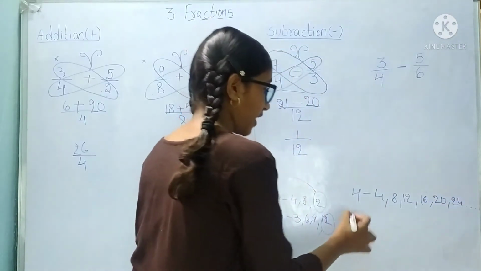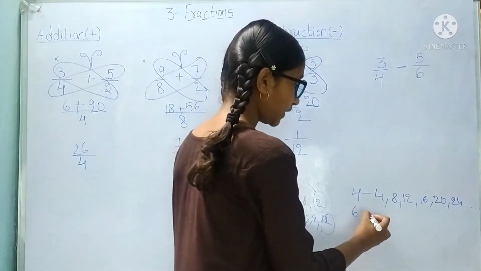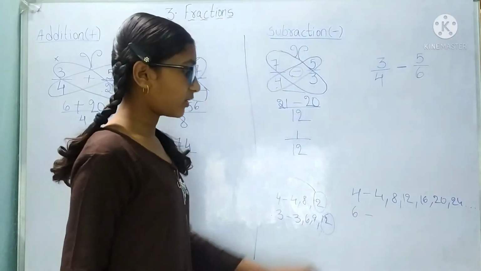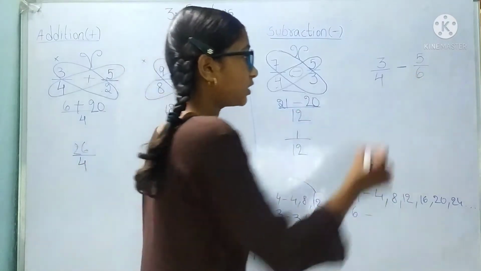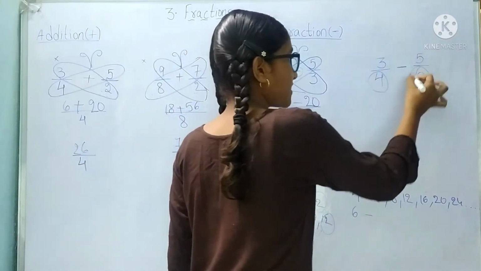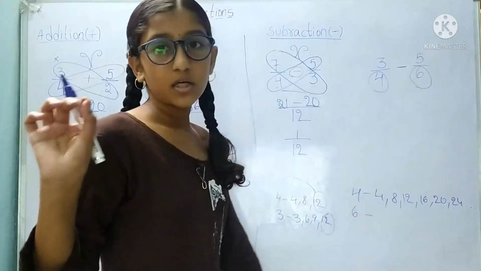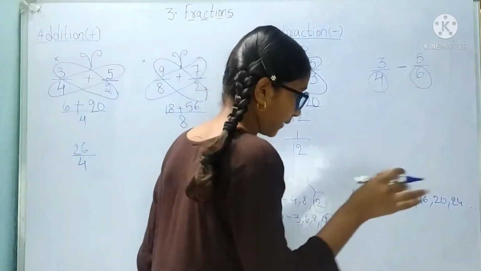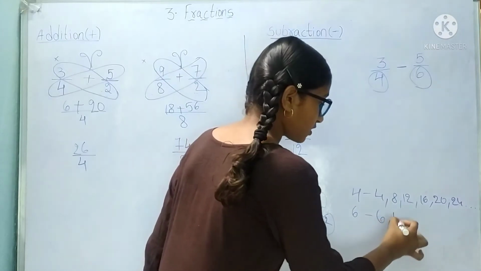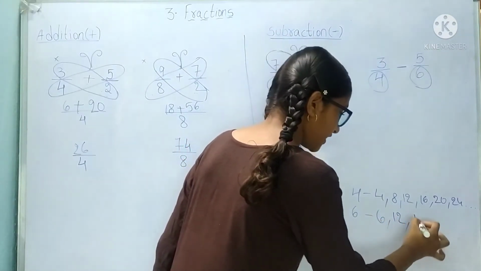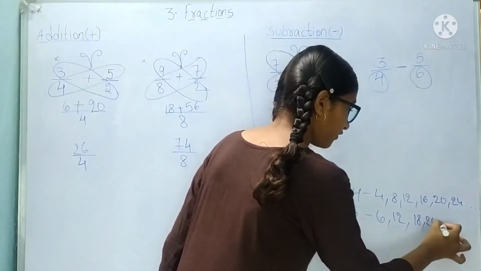And for 6 I am writing here. For 6 we have to write the multiples. For the 2 denominators we write the multiples, and we have to see the common multiple in the 2 tables. So 6, 12, 18, 24 and so on.